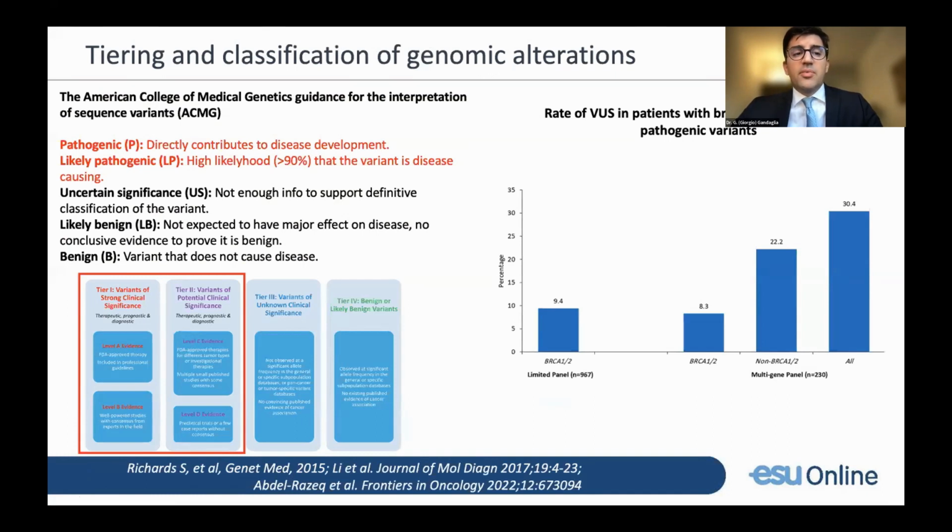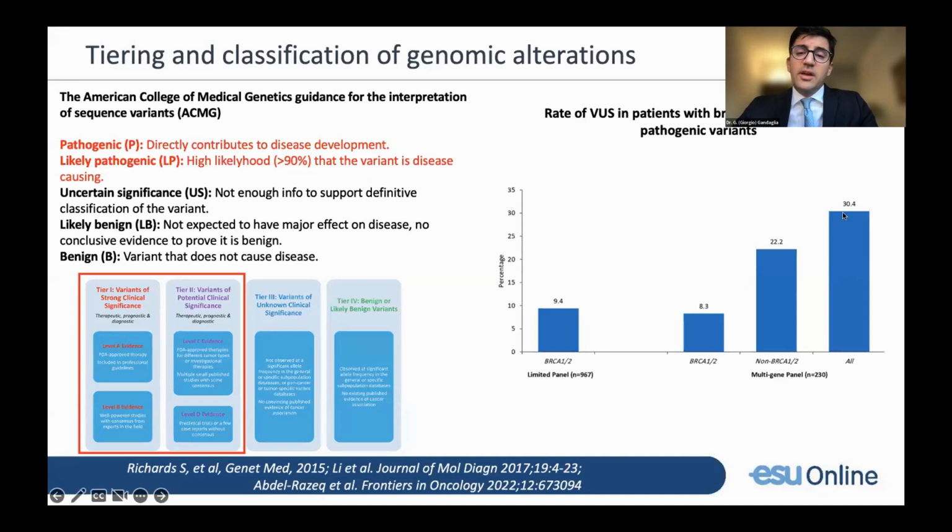According to the American College of Medical Genetics guidance, we have pathogenic or likely pathogenic variants, and these variants should be considered for the treatment, prognosis, and diagnosis of our patients. On the other hand, we should be careful because some variants have uncertain significance, and at the time being we do not have enough information to support a definitive classification of these variants.